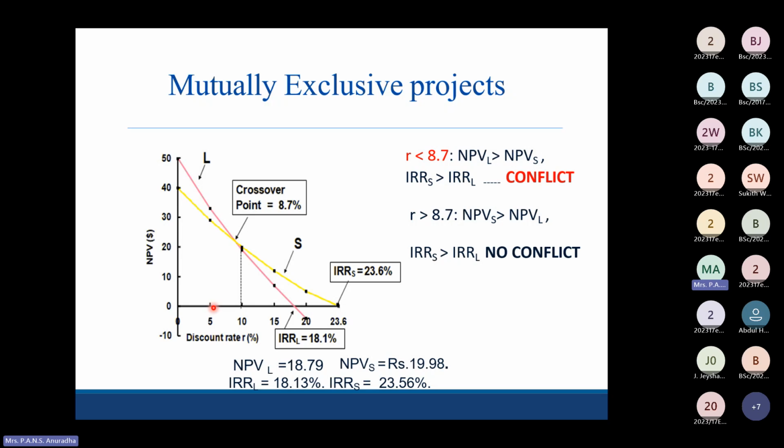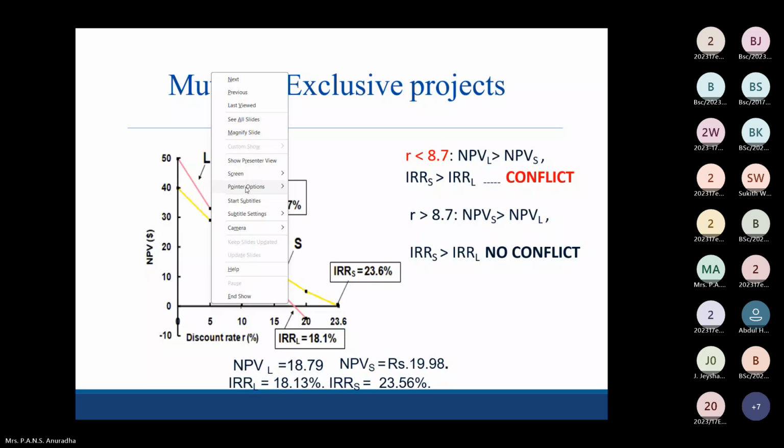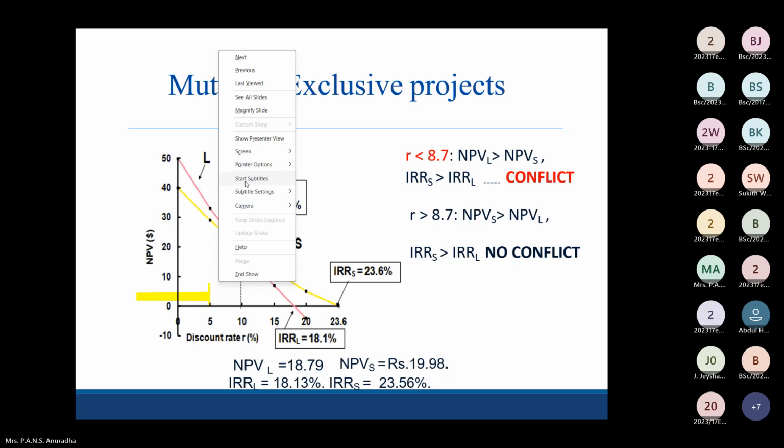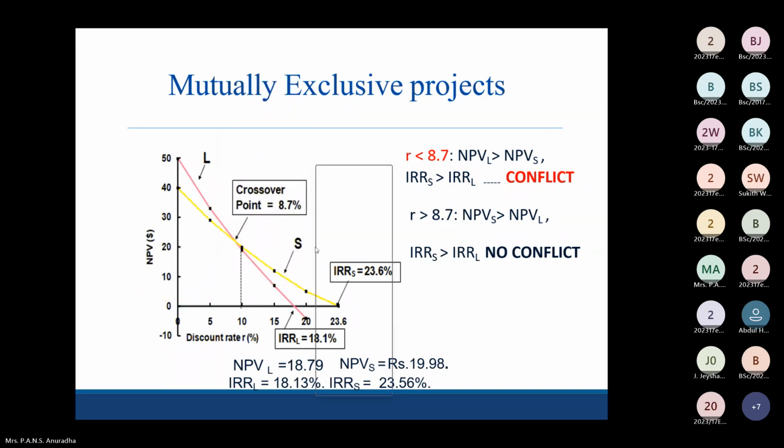If you look at this 5% level, at 5% this is the NPV of project L, and this is the NPV for project S.